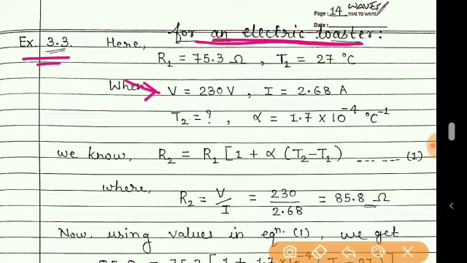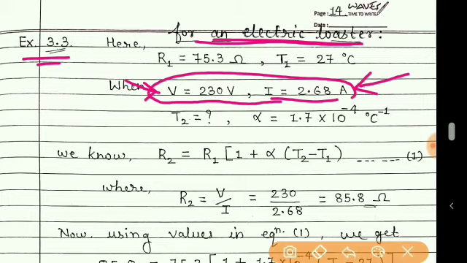At that time the current flowing through the coil of that toaster is this much. And so when the current flows by applying this voltage, that coil gets heated, and so the temperature of that coil will change. And so here we want to find that temperature when the switch is made on.